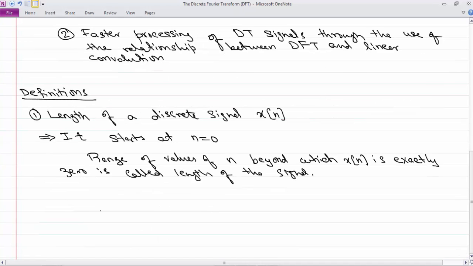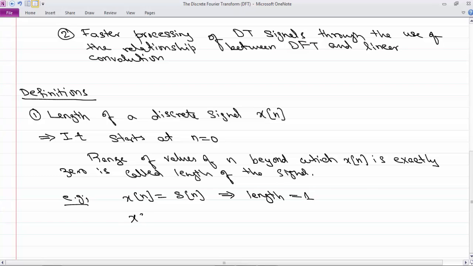In terms of examples, if I had x[n] equal to delta[n], then the length of my signal is 1. I need to store only one value, because after that it's 0 all the time. Why should I waste my digital system's storage resources to store zeros? I just know it's 0 afterwards. So the length of my signal is 1.